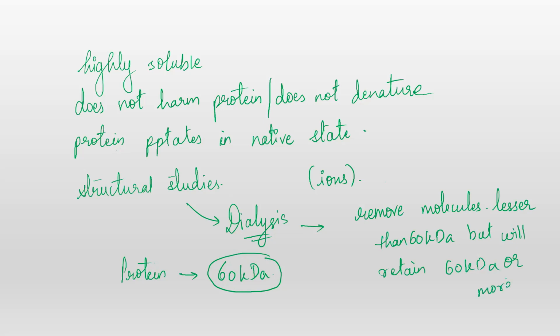So it will retain the protein of your interest, plus other components. I do not know whether the other components are proteins or not. They can be anything, but most likely proteins. So it will retain the molecule of my interest plus the others which are greater than 60, but lesser than 60, everything will come out. So that is what dialysis is.